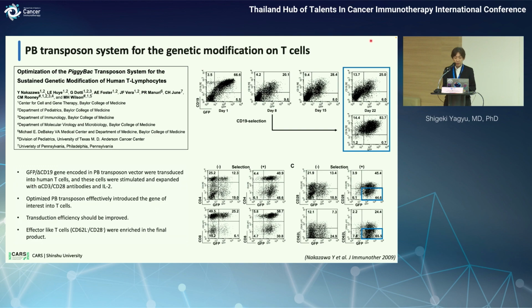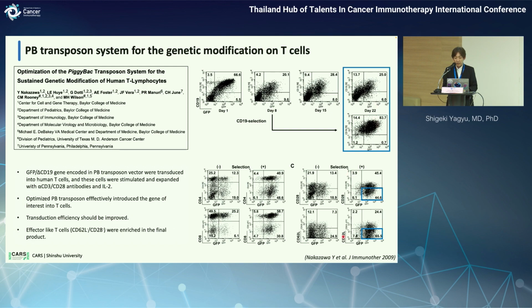These cells were stimulated and expanded with anti-CD3, CD28 antibodies and IL-2 supplementation. The piggyBac transposon effectively introduced the gene of interest into T cells, but the transduction efficiency should be improved, and a purification step was needed to obtain a high population of gene-modified T cells.